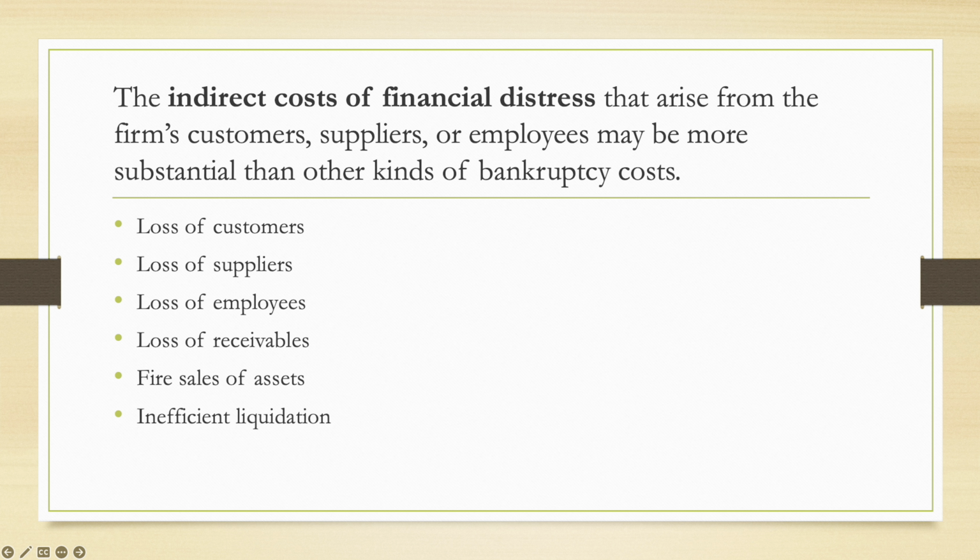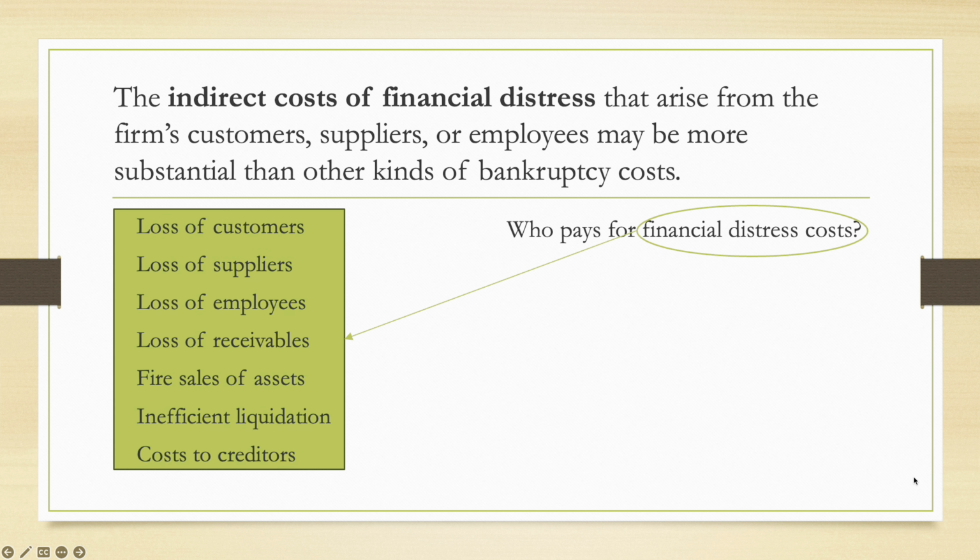Either way, this would lead to inefficient liquidation. The last one is costs to creditors. Aside from the direct legal costs that creditors may incur when a firm defaults, there may be other indirect costs to creditors. So who pays for these financial distress costs?